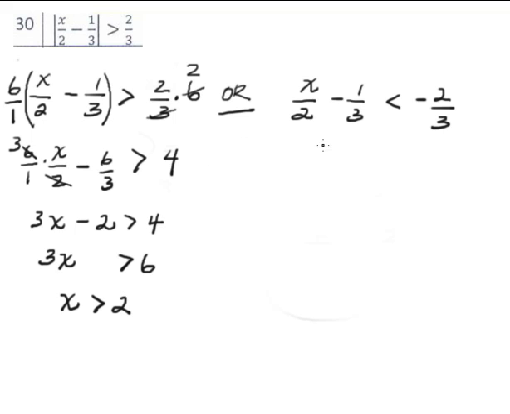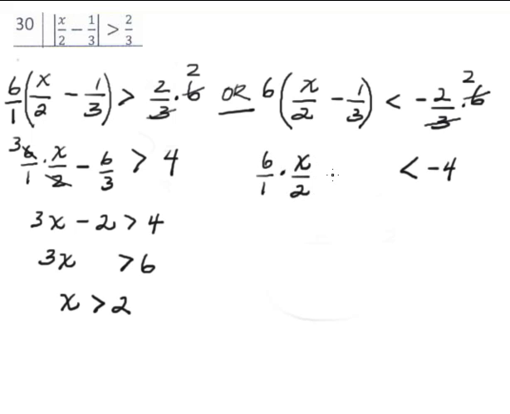Here, let's do the same thing. We'll multiply both sides by 6. And here we get a minus 4 on the right. And on the left, we have 6 times x over 2 minus 6 over 3.